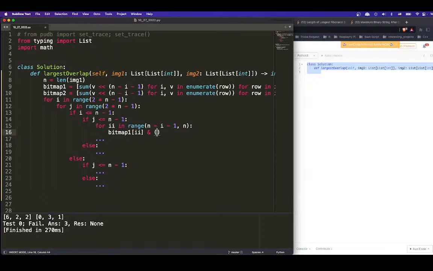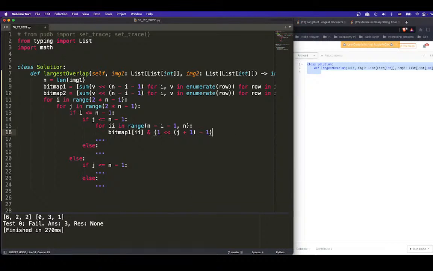Now, 1 left shift j plus 1. So if we have 2, it's involved as 0 is 1, j is 1. So we say 1 left shift 2 minus 1. That is the mask. So we're going to say 1 left shift j plus 1, minus 1. This is going to be the mask.